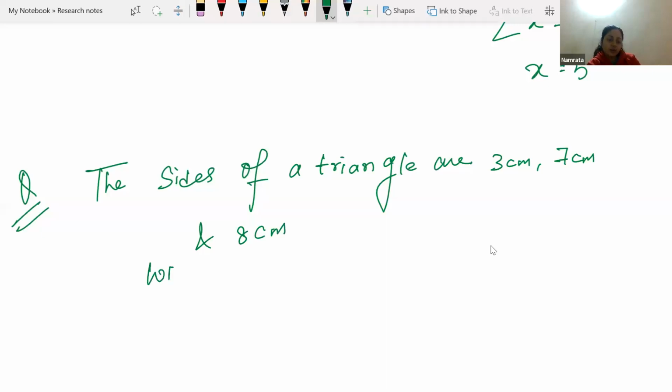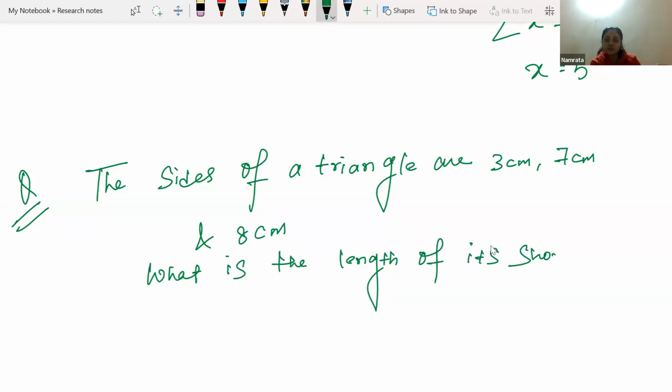What is the length of its shortest altitude?